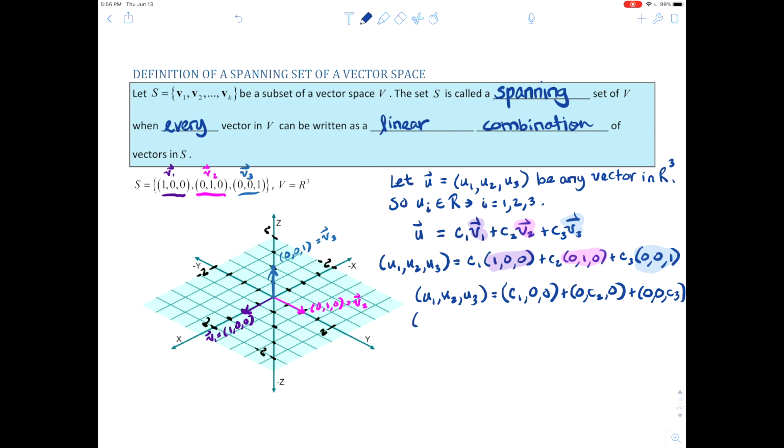And then getting them in terms of one happy vector, what would we have? We'd have C1 plus 0, C1. So we would just have C1, C2, C3. Well, this is one of those so easy it's hard things, right? Because when you equate the components on the right side to their corresponding components on the left side, what would happen? We would just have C1 is U1, C2 is U2, and C3 is U3.